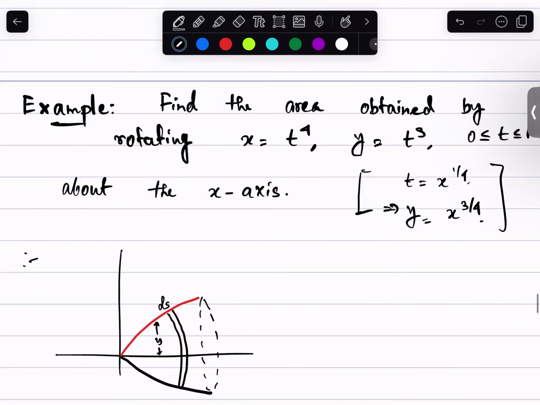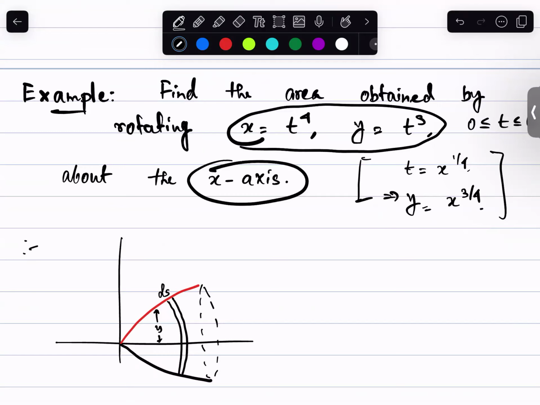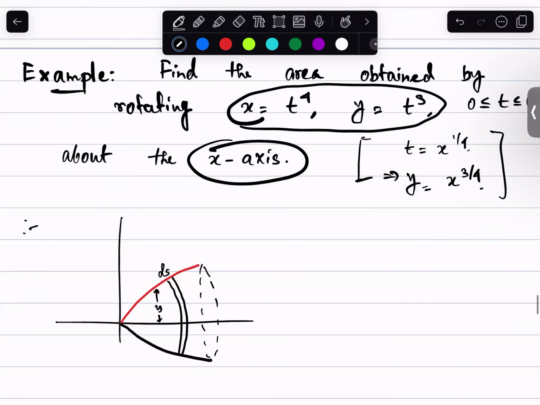So if I look at this example where I have this parametric curve and we are revolving around the x-axis, what will be the area obtained by rotating around the x-axis? This is the question. So this red line is again representing this parametric curve. Now we are revolving around the x-axis, so we'll get this sort of structure.